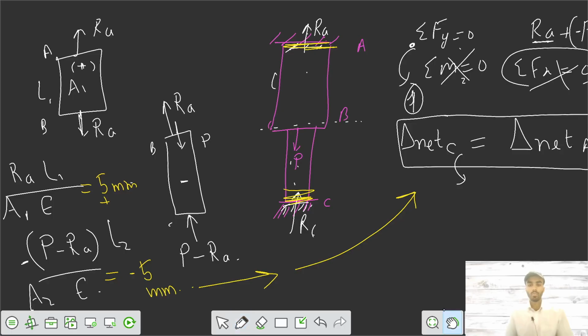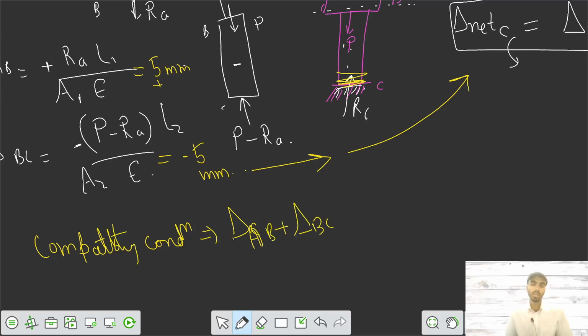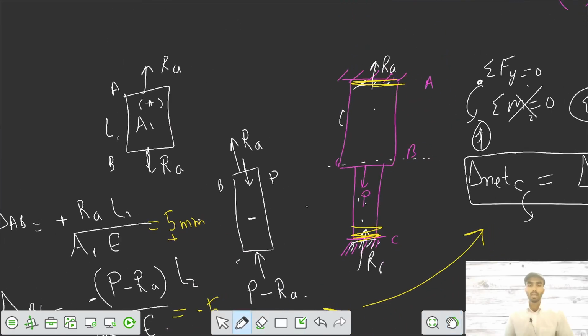So if we follow it, we would say, applying the compatibility condition. This is your compatibility condition. Compatibility condition says delta AB plus delta BC equals 0. Net deflection of the entire structure is 0. Let's say AB gets elongated by an amount delta.